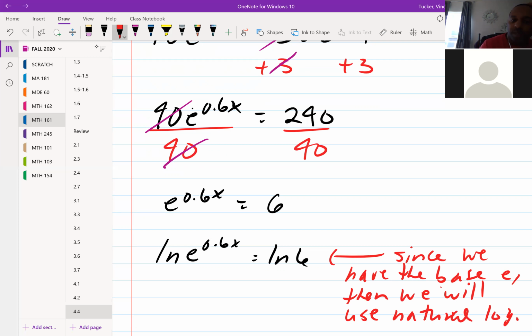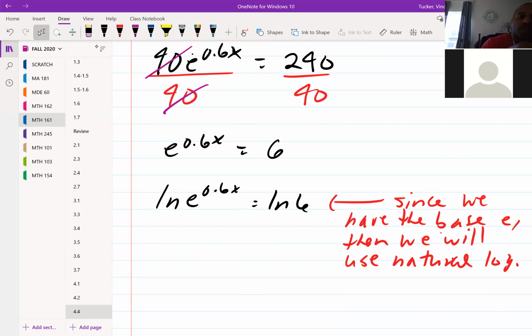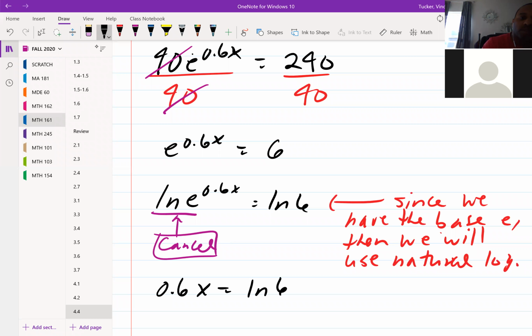All right, so since we have base e, we're going to use the natural log. That's what ln is for us. And just like the other one, that will cancel and leave us with 0.6x equal to the natural log of 6.